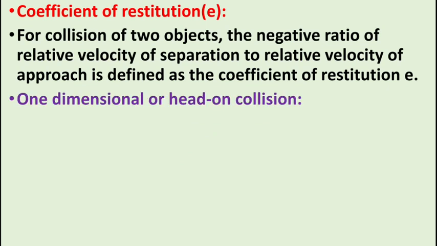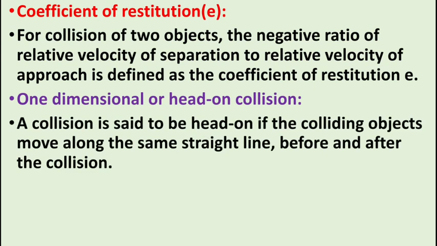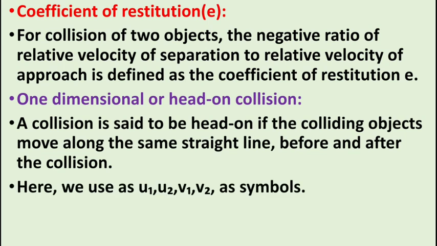Next point is one-dimensional or head-on collision. A collision is said to be head-on if the colliding objects move along the same straight line before and after the collision. Here we use u1, u2, v1, v2 as symbols.